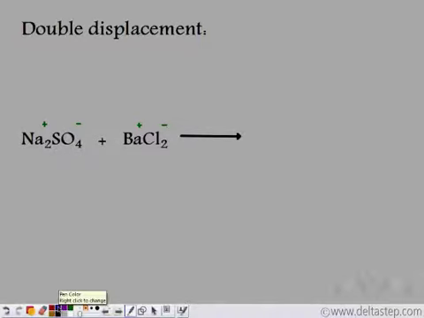The positive reacts with negative, so we get NaCl. Similarly, the positive reacts with negative to form BaSO4. And in this case, we have 2 molecules of NaCl. This is the balanced chemical equation.